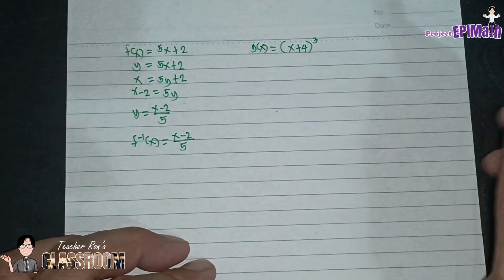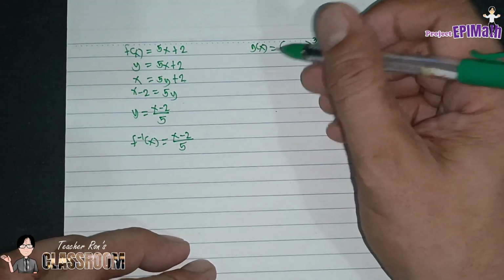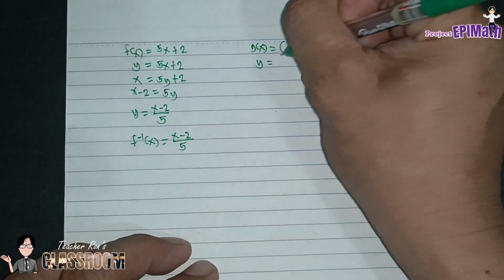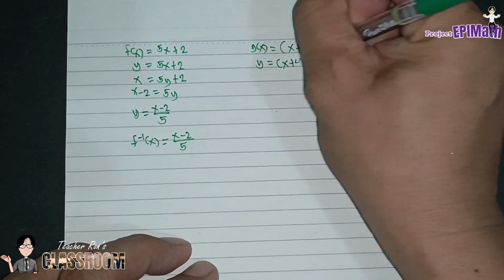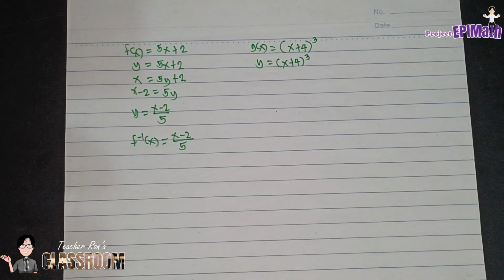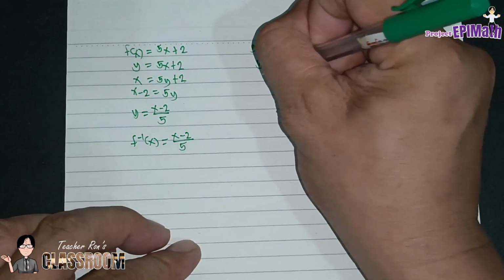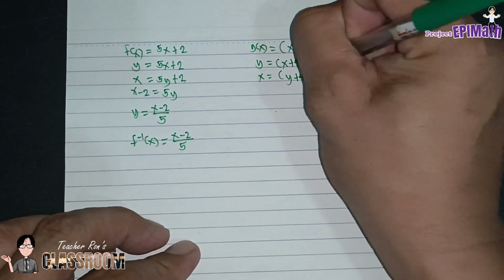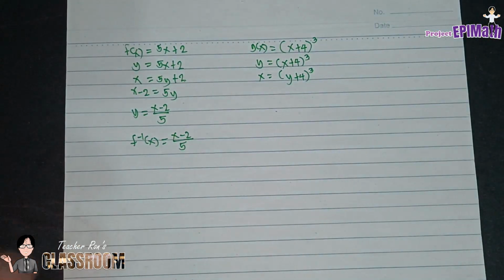G of x, substitute y for g of x, so g of x will become y, and it is equal to the quantity x plus 4 cubed. Then interchange x and y, so we have x equals y plus 4 cubed.